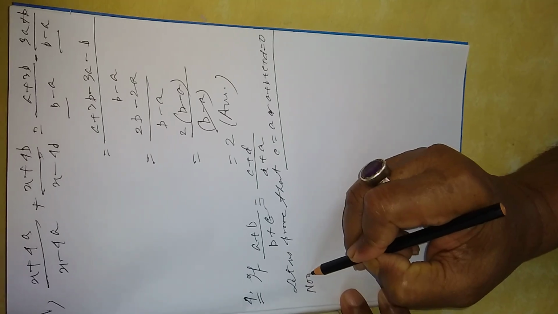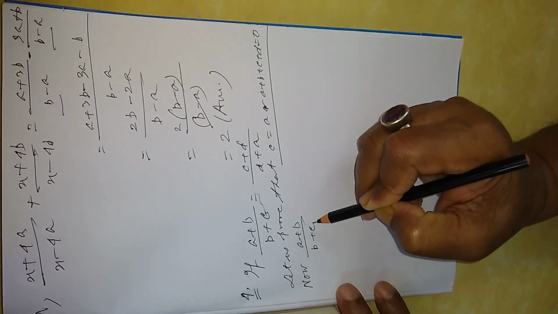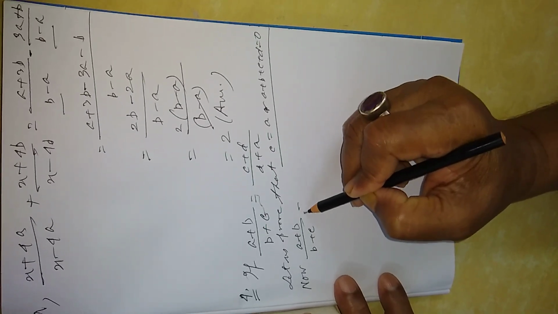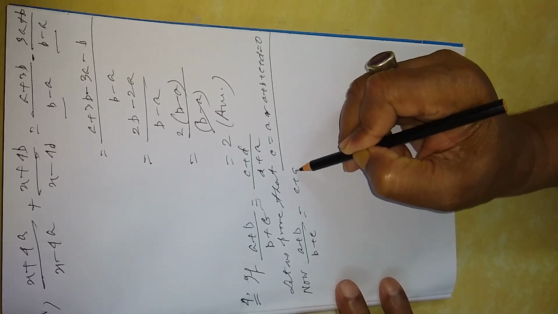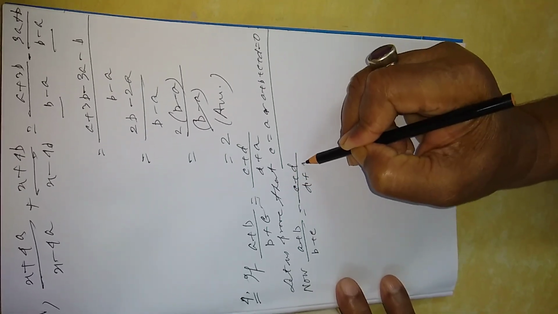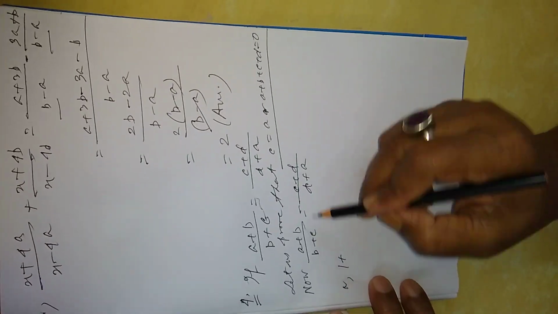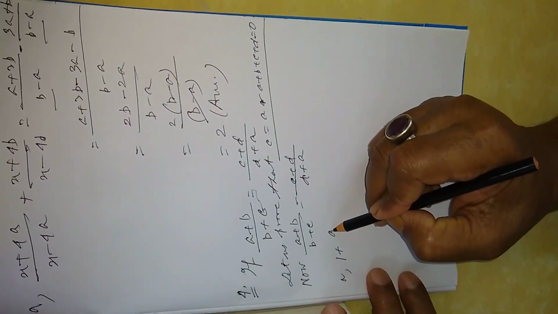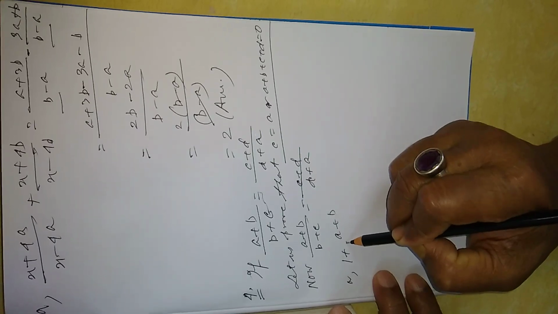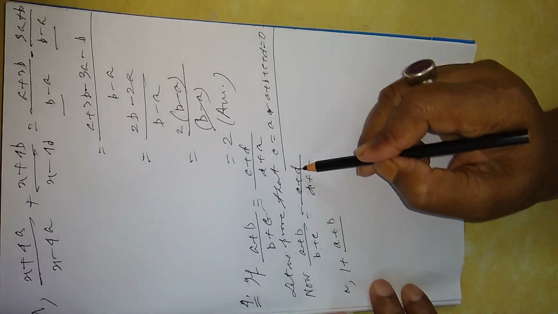Now, a plus b by b plus c is equal to c plus d by d plus a. Adding one to both the sides, a plus b by, and change c plus d here, b plus d here.